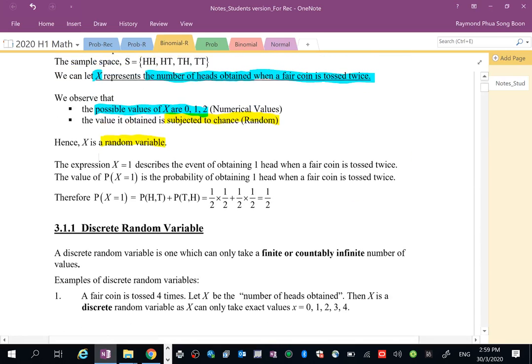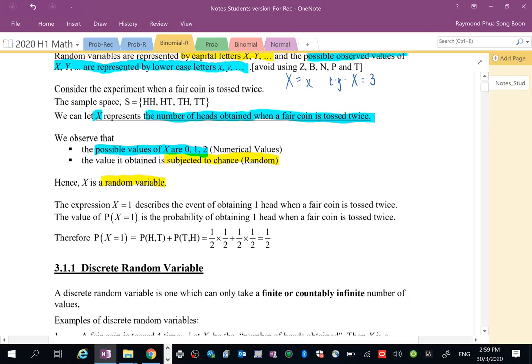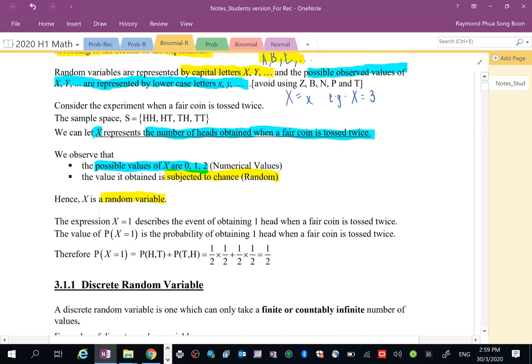I've already explained that the random variable X takes on the value 1. What does it mean? It means it's the event of obtaining 1 head when the fair coin is tossed 2 times. So the probability X equals 1 is the probability of obtaining 1 head when you toss a fair coin 2 times.